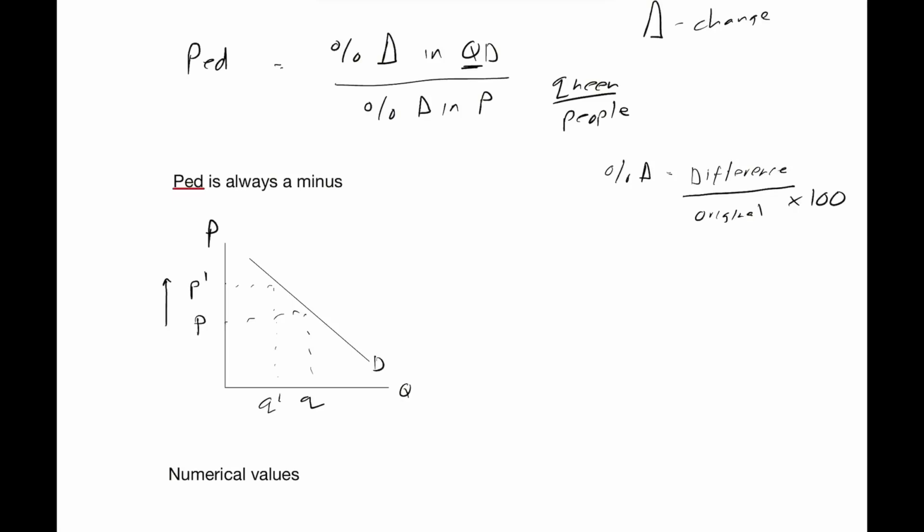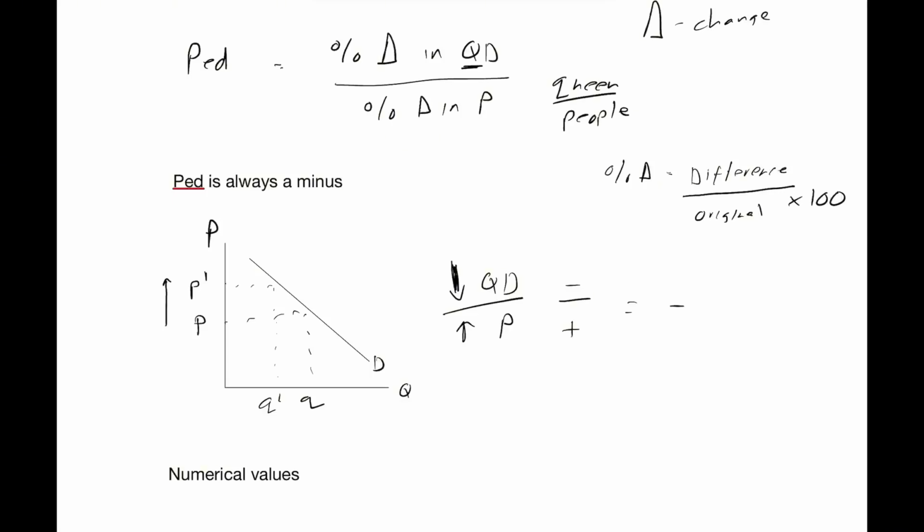Okay, so remember, the quantity demanded would decrease, so therefore we would have a decrease in the quantity demanded but an increase in price. Okay, so we have a negative that we need to divide by a positive, and that will give us a negative.